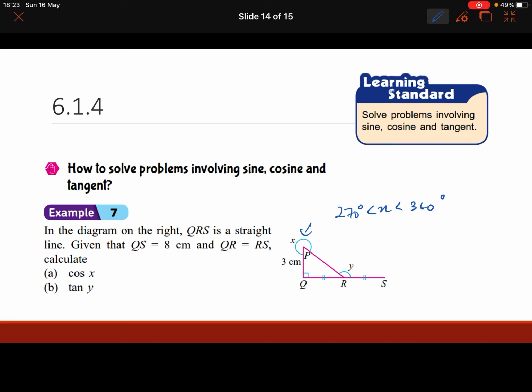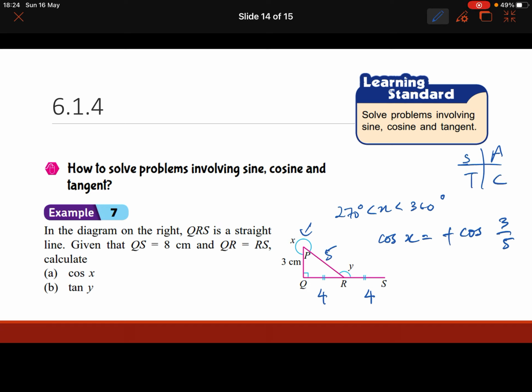So QS equals 8. That means here we have 4 and 4. With 3, 4, that means PR equals 5. So cos X is actually negative cos of 3 over 5. Oh, sorry. In the fourth quadrant, cos is positive.